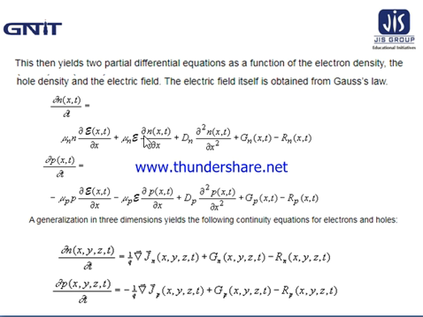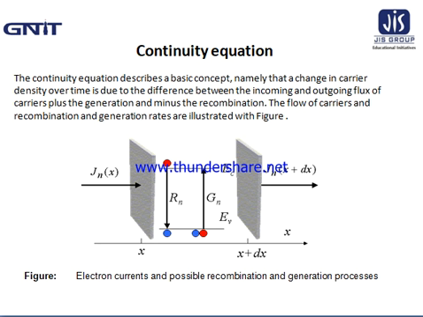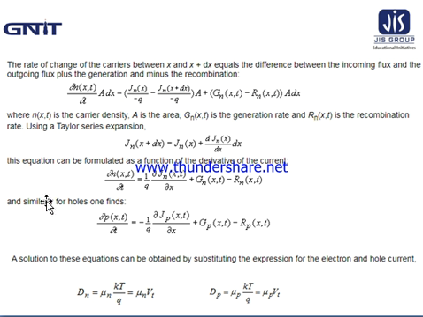Now, first, for the continuity equation, we have to know what the continuity equation is. It is the ingoing flux minus the outgoing flux, plus the generation rate and minus the recombination, with respect to area.